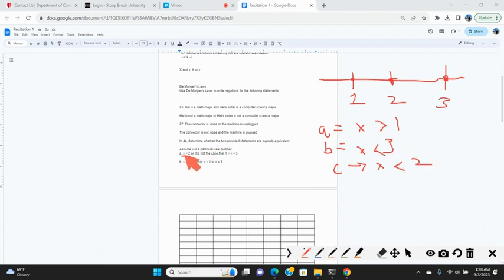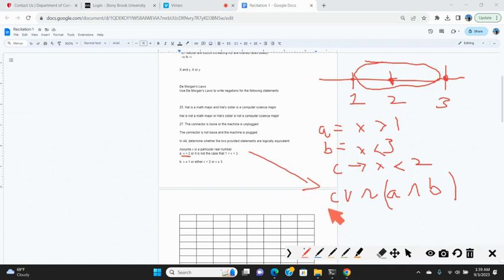Then we can rewrite the first statement as x is less than 2, which is C, or it is not the case that 1 less than x less than 3. That means x is greater than 1 and x is less than 3, so it exactly describes the condition that these two conditions cover. So it's the negation of A and B. And that is what this is.